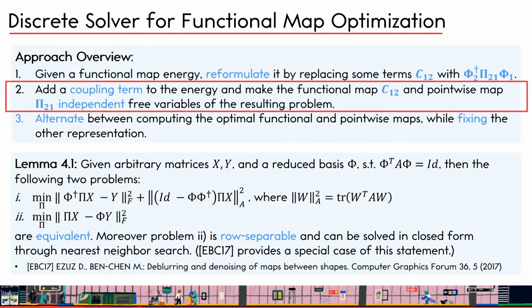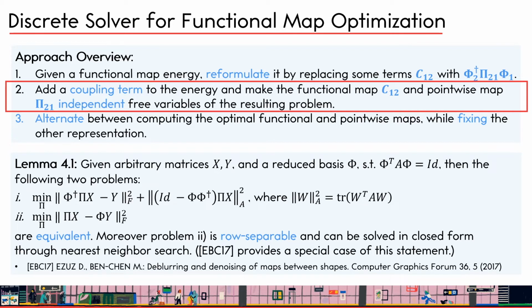To make this pipeline possible, the key step is to relax the original energy in a way that allows efficient point-to-point map recovery. This relaxation relies on the following lemma: for arbitrary matrices X and Y, and a reduced and orthogonal basis phi, we can construct two problems. The first problem can be derived from many functional map energies.